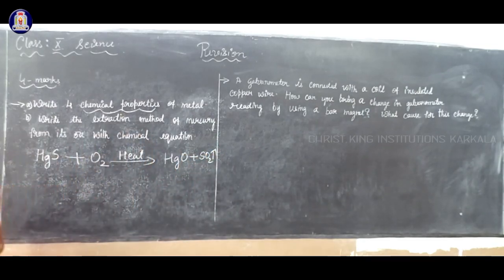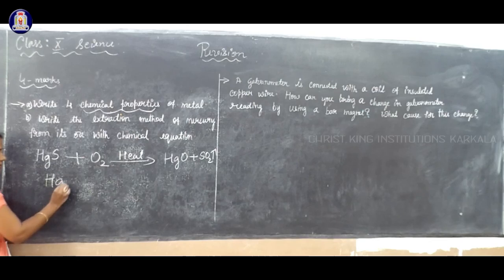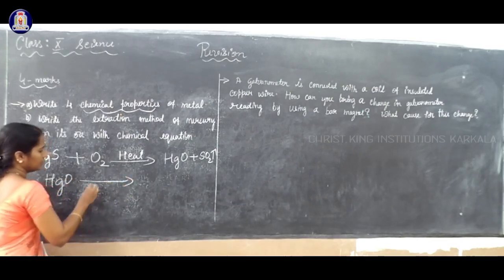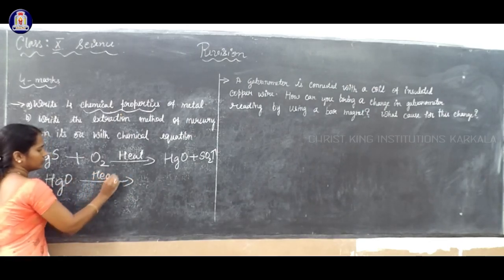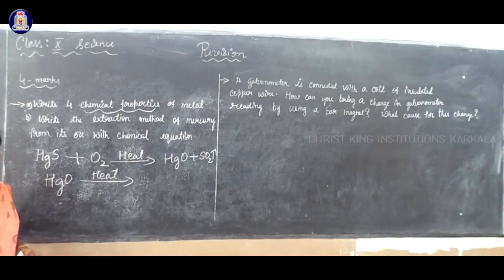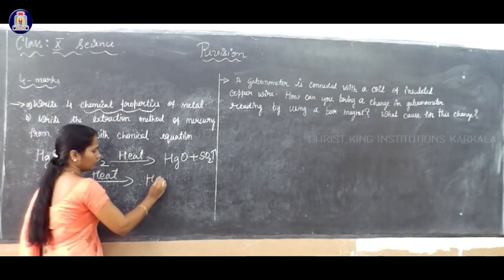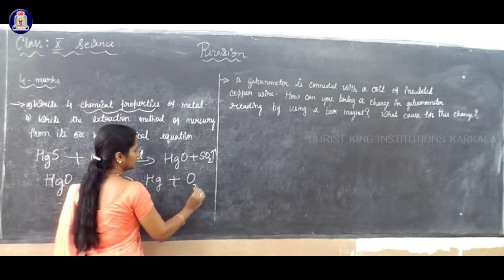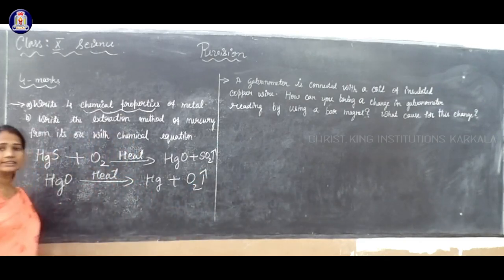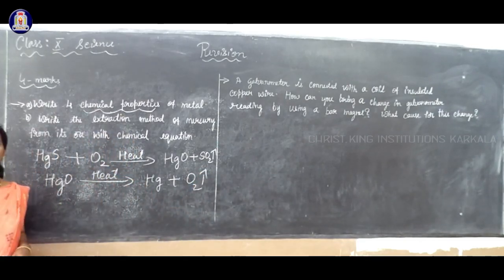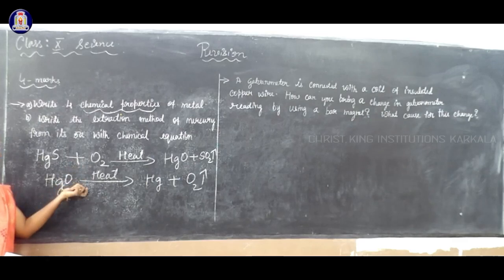And in the next step, on further heating, if you continuously heat this mercury oxide, mercury oxide reduces to mercury with the liberation of oxygen. Oxygen gas is liberated. The extraction of mercury takes place in two steps.